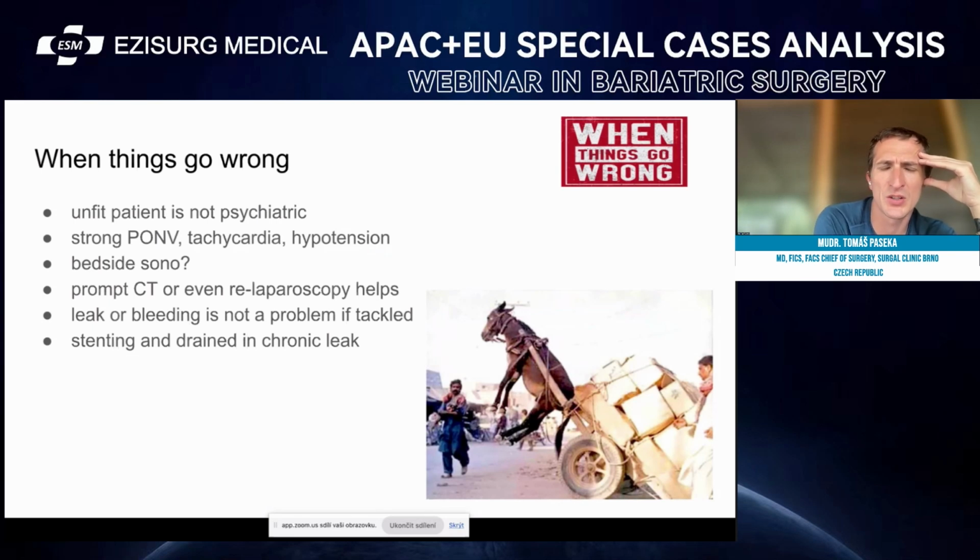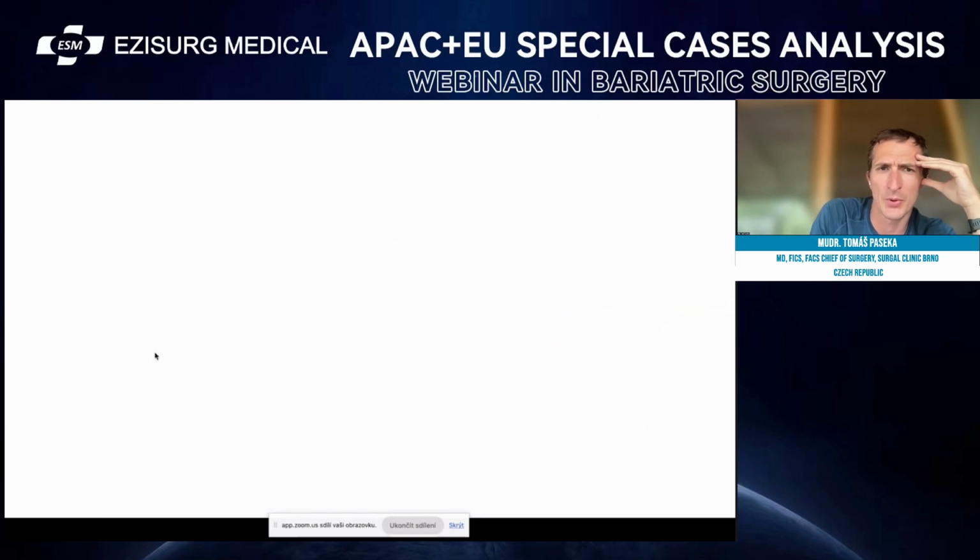So we lose this 20 minutes to check what is possibly happening, if he's facing bleeding or early leak or anything else. So leak or bleeding, if tackled fast enough, is not a big problem. The big problem is chronic leak. Then you need to have a good gastroenterologist that will help you with stenting and draining chronic leak patients, because that is really a problem.